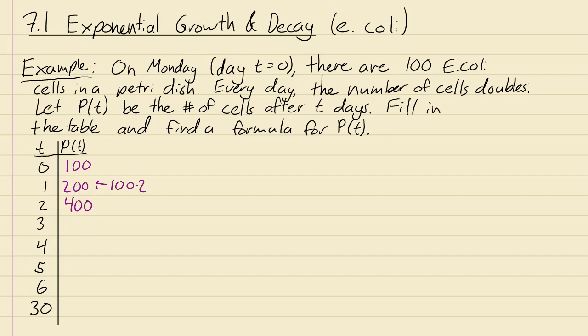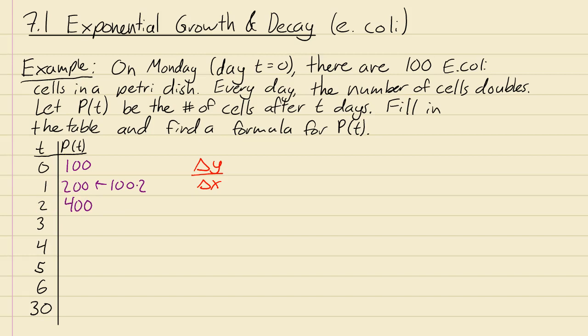One thing I want to point out here is that this is not a linear function. In a linear function, the change in y divided by the change in x would be constant. But in this case, when you go from 100 to 200, from t equals 0 to 1, that's a slope of 100. But then from 200 to 400, you get a slope of 200, because you end up doing 200 divided by 1.